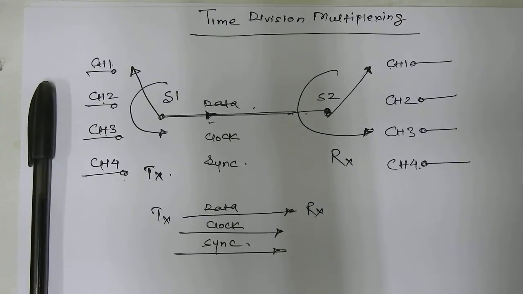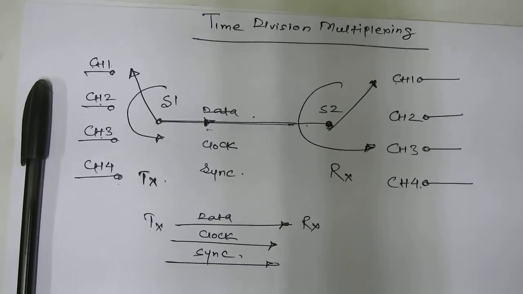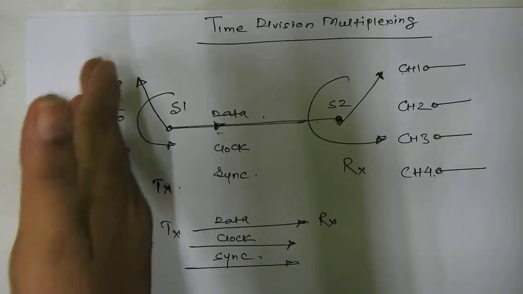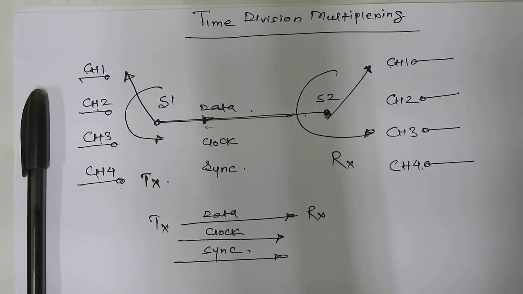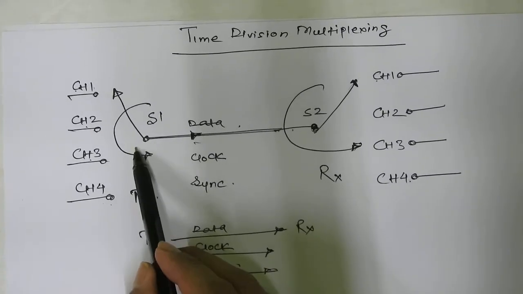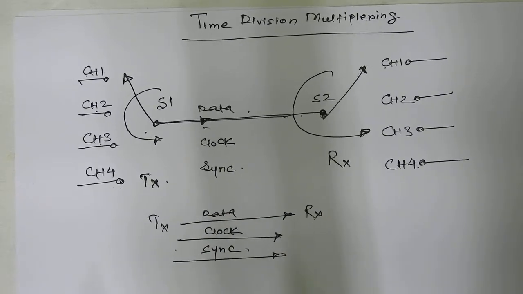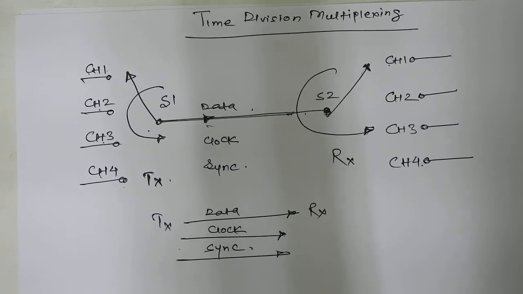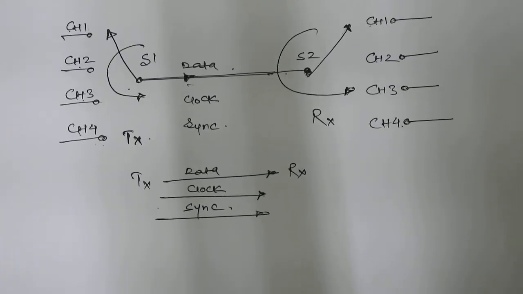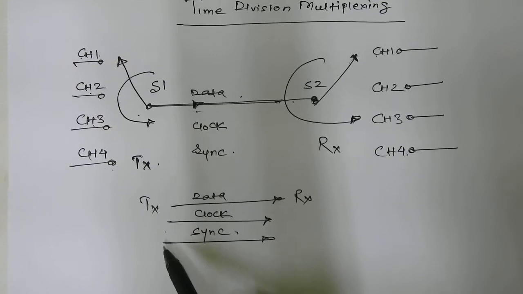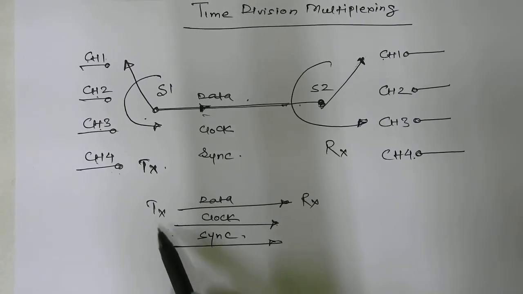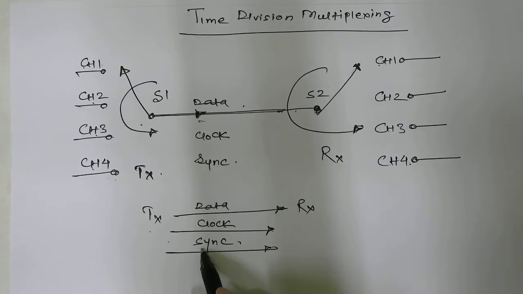So there is a possibility that you may send the data which is available at these inputs, then you can send the clock from transmitter to receiver. So there will be another cable to send the clock from transmitter to receiver, and then you need a synchronization pulse, so you also send a third signal from transmitter to receiver, which is a sync signal.